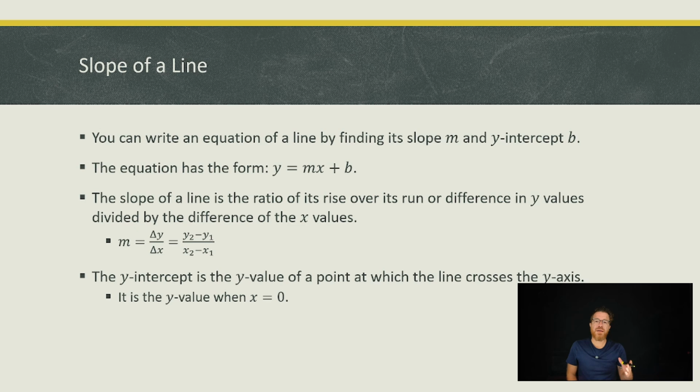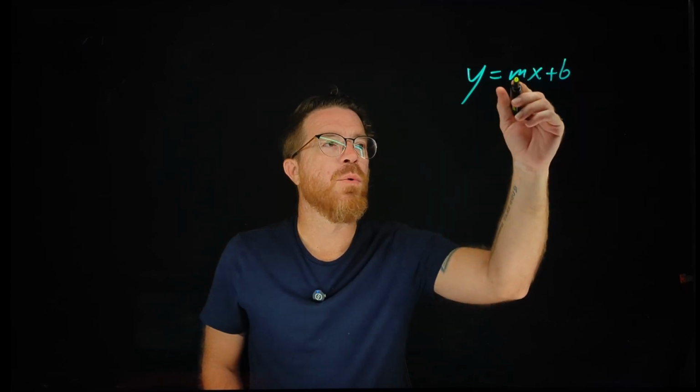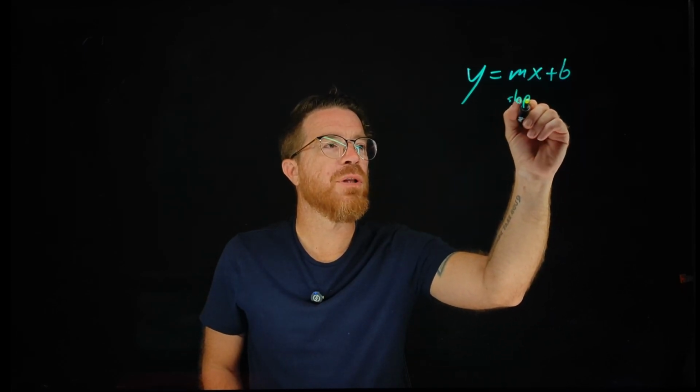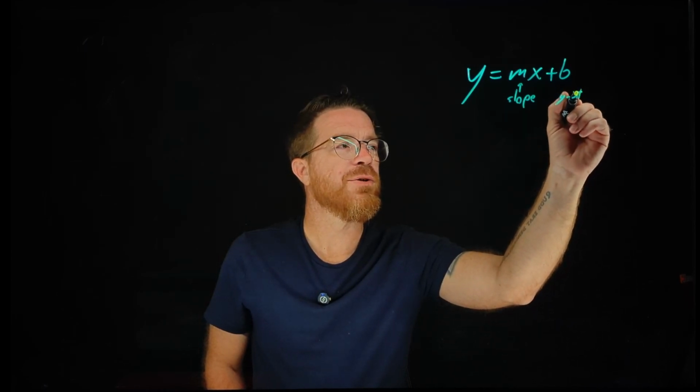How do we actually find this formula that describes this line that we're looking at to best fit our data? Well, first we're going to start with our basic function to describe a line: y equals mx plus b, where m is going to be the slope of our line, and b is going to be our y-intercept.